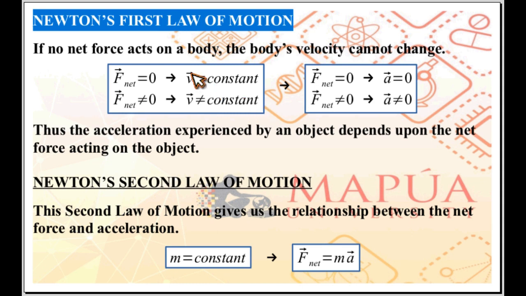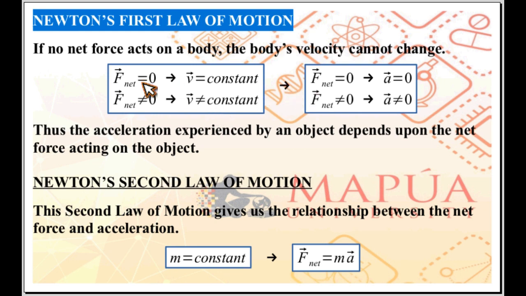In our kinematics, we covered how the acceleration is the rate of change of velocity with respect to time. If the acceleration is 0, the velocity is constant. If the acceleration is not equal to 0, the velocity is not constant. That means there's a relationship between net force and the acceleration of the object.